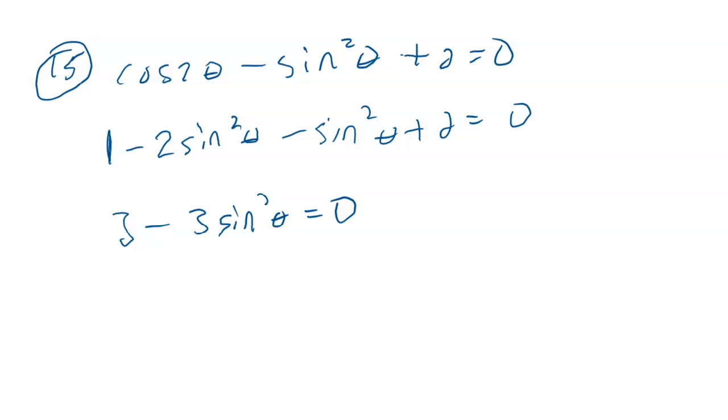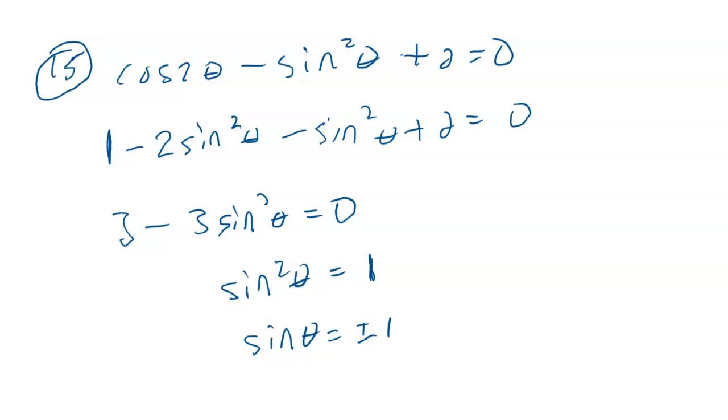I guess I'll just solve this way. I'm going to subtract 3 and then divide by -3, and I'll get sine squared theta is equal to 1. So sine theta is equal to plus or minus 1. When is sine theta equal to plus or minus 1? This is problem number 15.